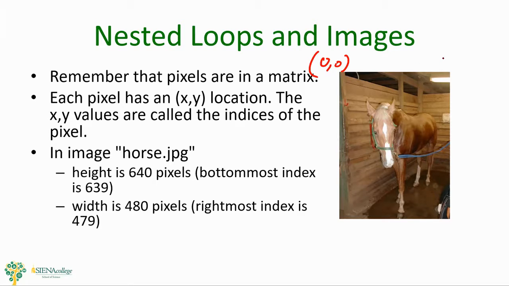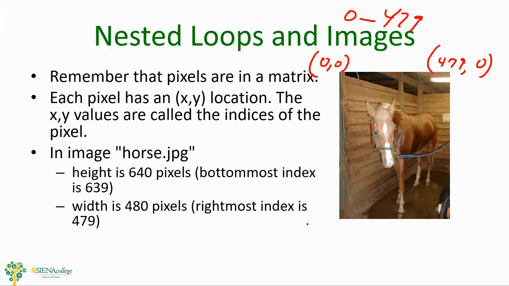The upper right corner is going to be 479, 0. Why not 480? Well, because there are 480 pixels, and they're numbered from 0 to 479. 0 to 479 gives us 480 pixels.